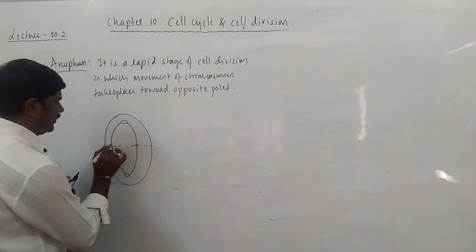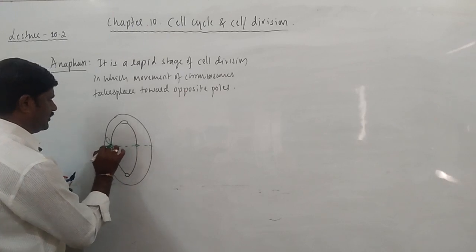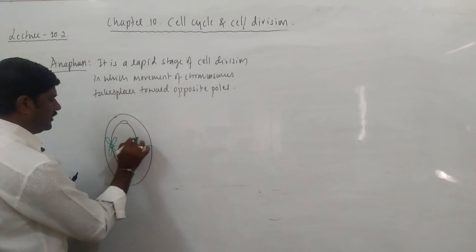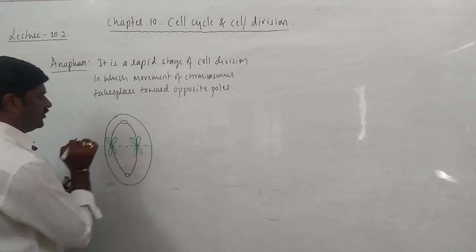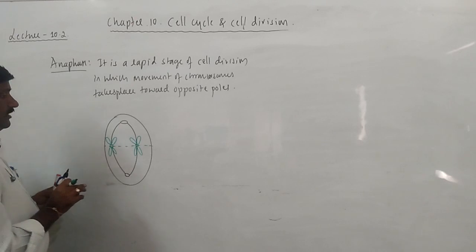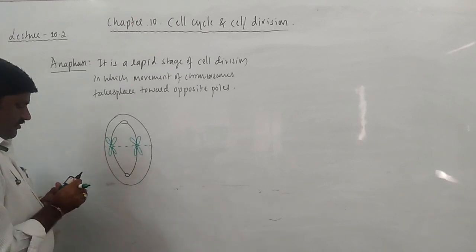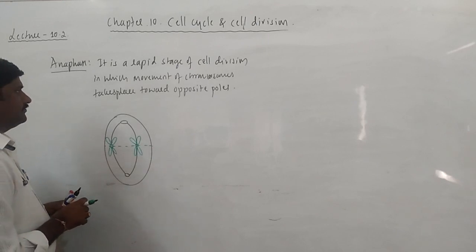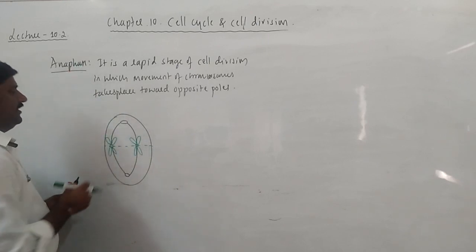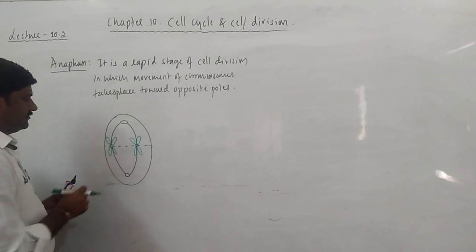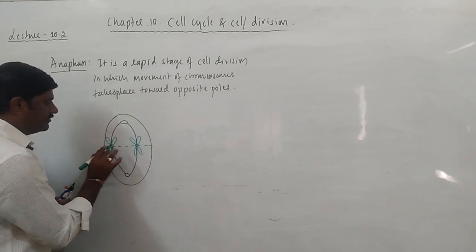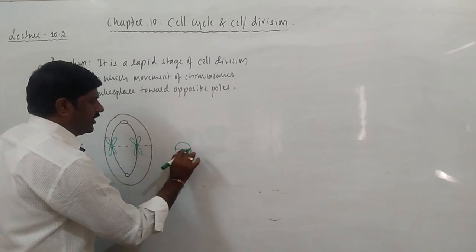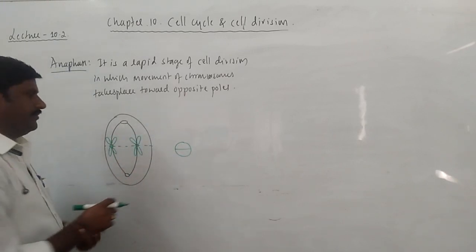I am going to show only two chromosomes over here, each a chromosome with two arms. Whenever these are lying in the equatorial line, in anaphase, the breakdown of the centromere takes place.